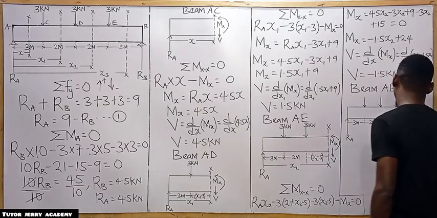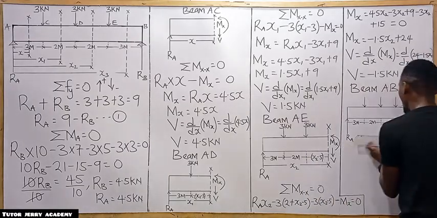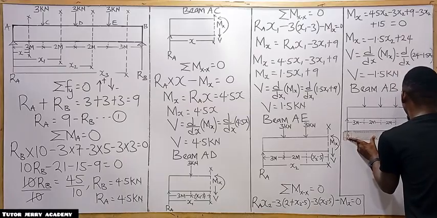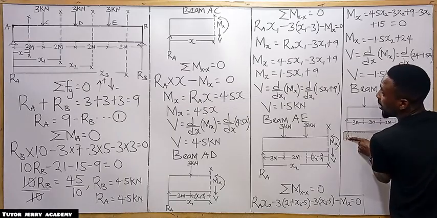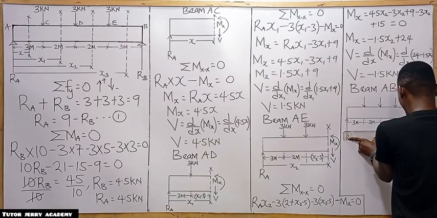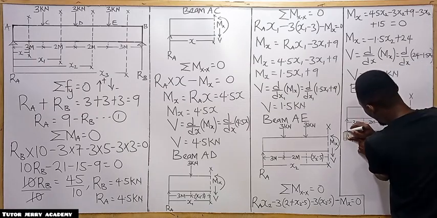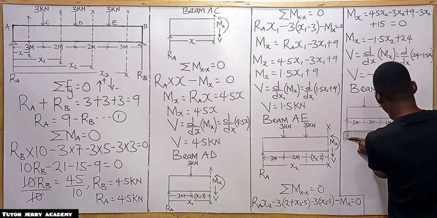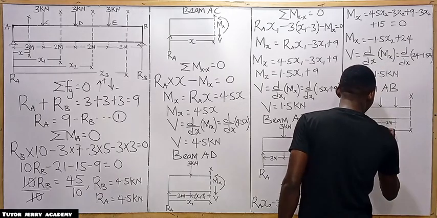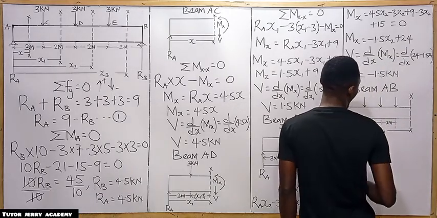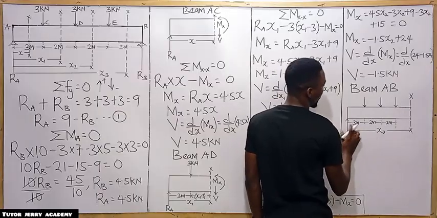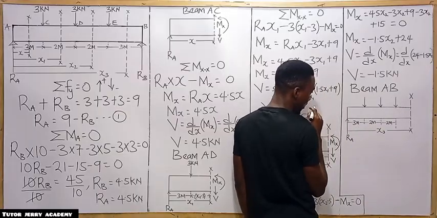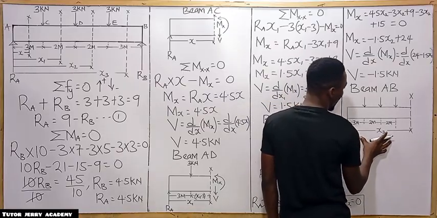If here is 2 meters and the total distance is S3, then the total distance from this point is 7, and the whole length is S3.